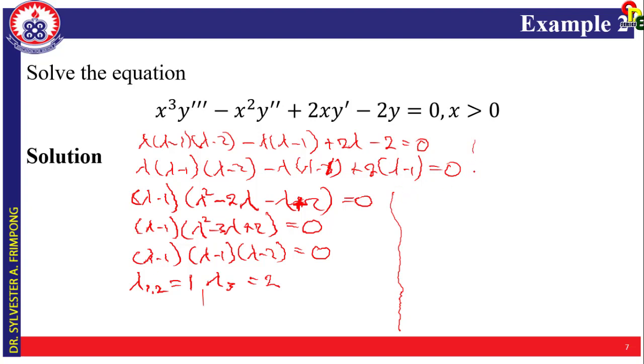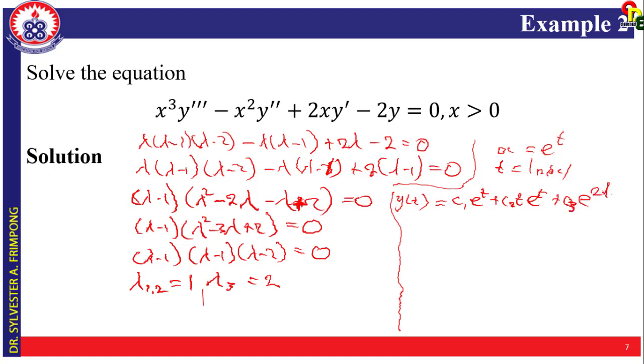So we can therefore write the solution. Don't forget we are still using the transformation x equal to e raised to the power t, whereby t is now ln x. So our y of t will now be, saying this is a repeated root of multiplicity 2, c1 e raised to the power t plus c2 t e raised to the power t plus c3 e raised to the power 2t.